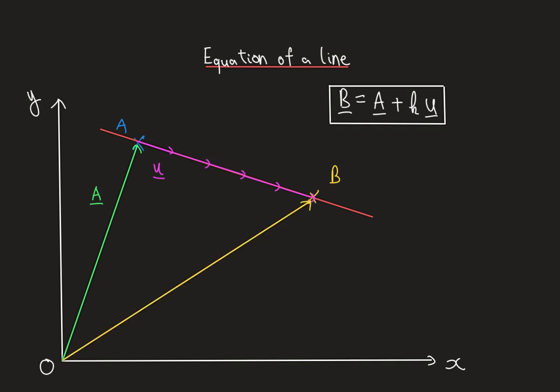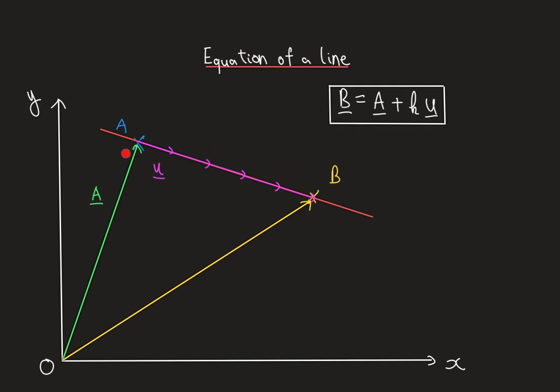Now remember that this right here is the vector B, so the position vector B. And this makes sense intuitively because remember that we add vectors from end to end. And so the resulting vector B is actually a combination of position vector A and k times our direction vector u.